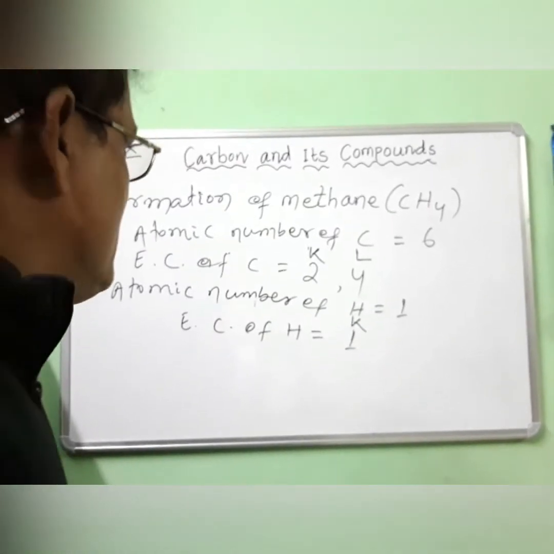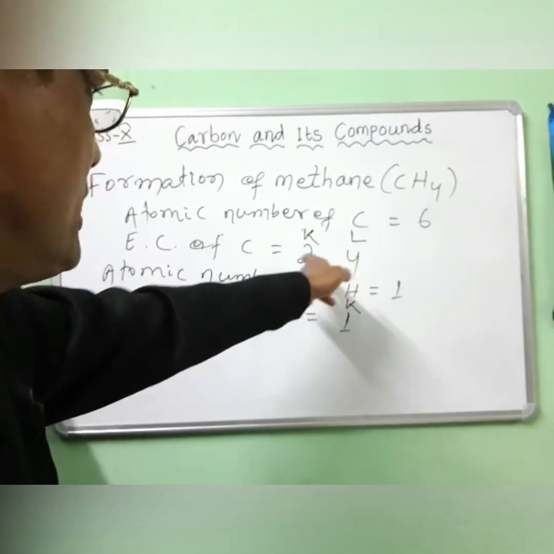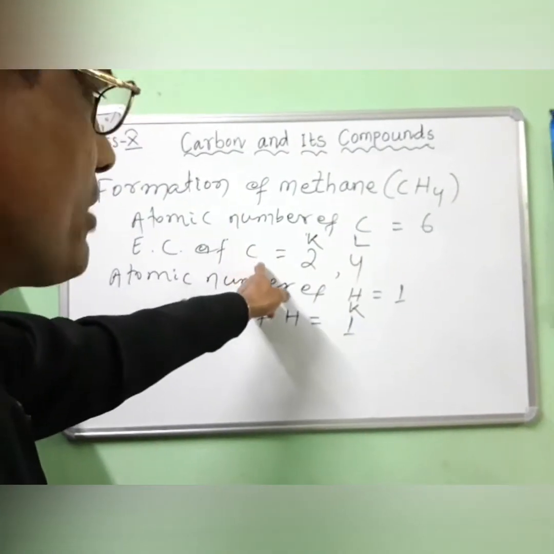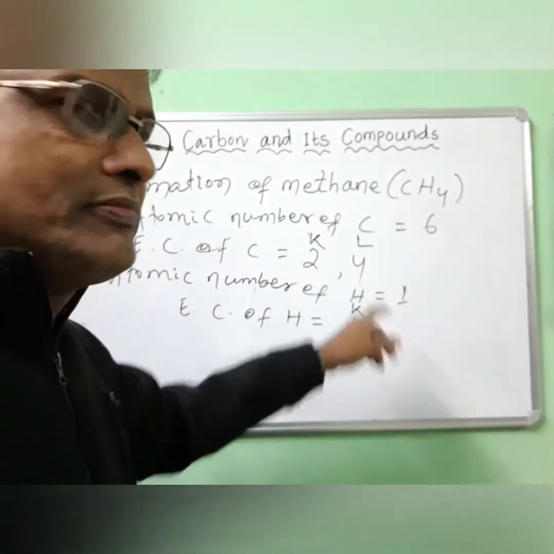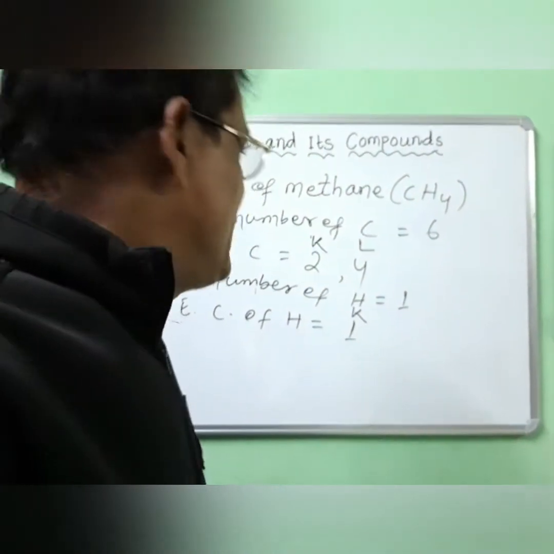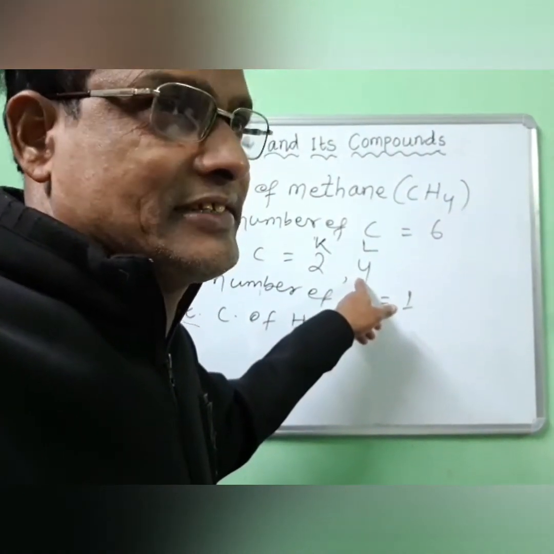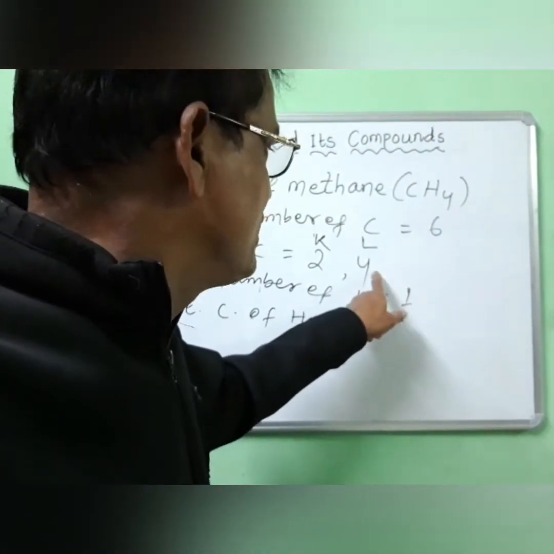So here, the electronic configuration of carbon is 2, 4. That means the carbon atom has 4 electrons in its outermost cell. That is, its valence electron is 4.